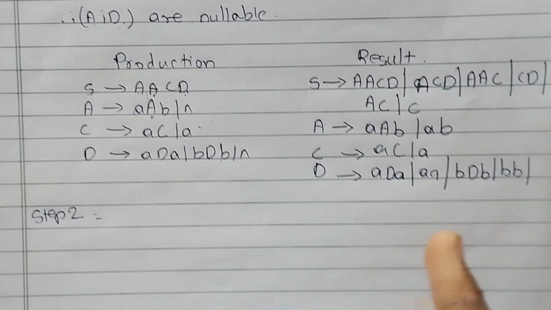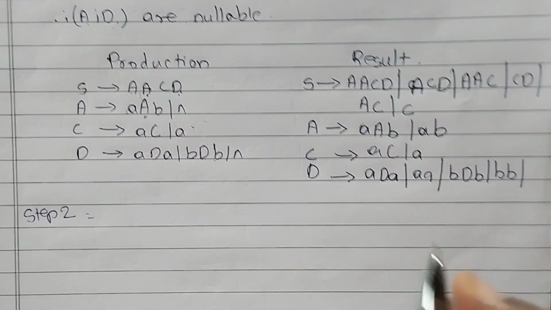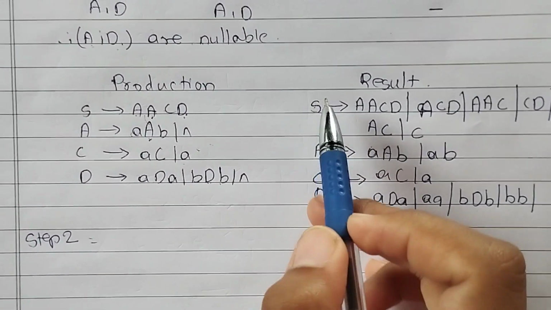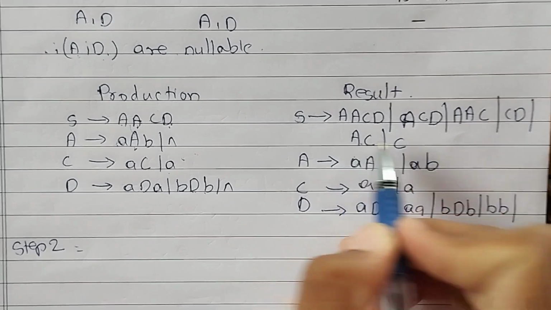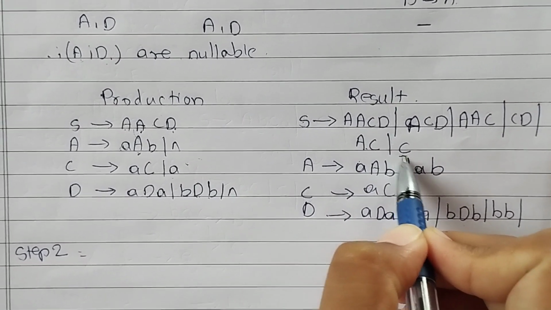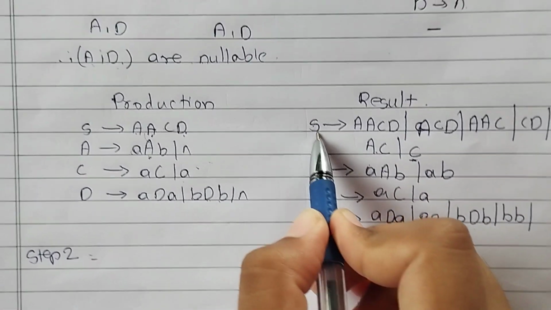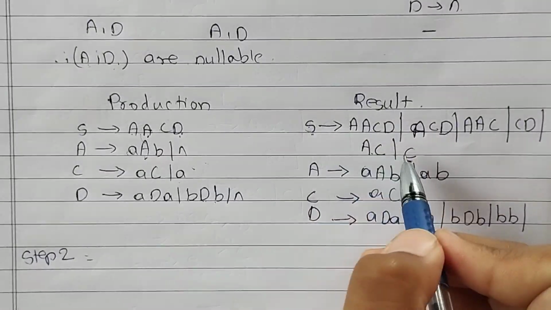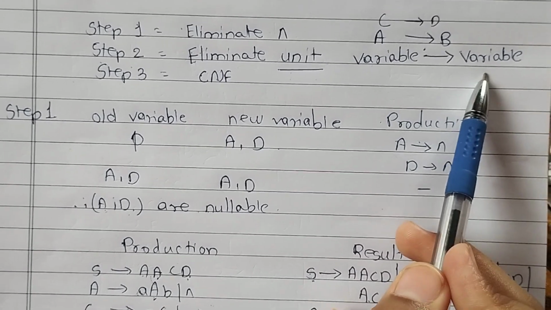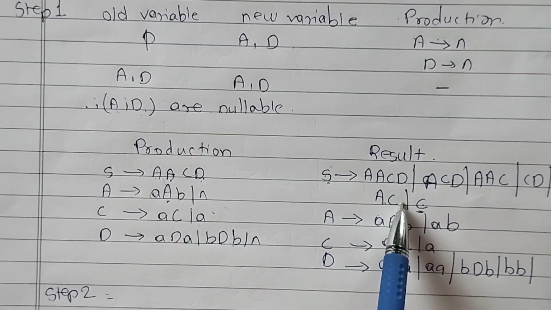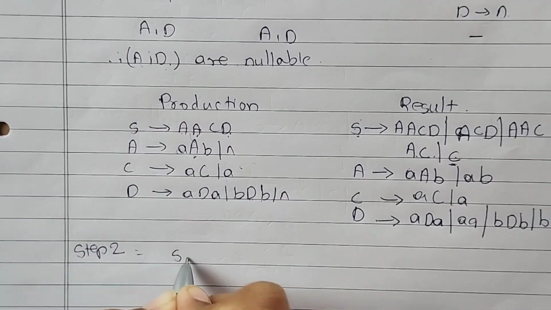A capital letter produces a single capital letter. First we see that no single capital letter is formed, but here this C is present. So a variable produces a variable. So Y is the unit.